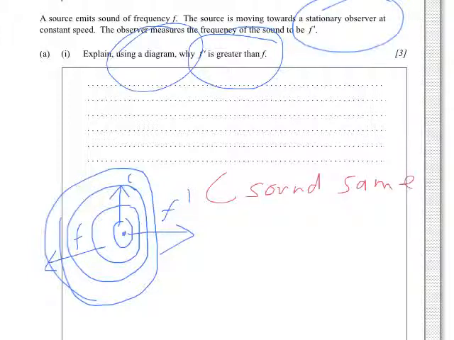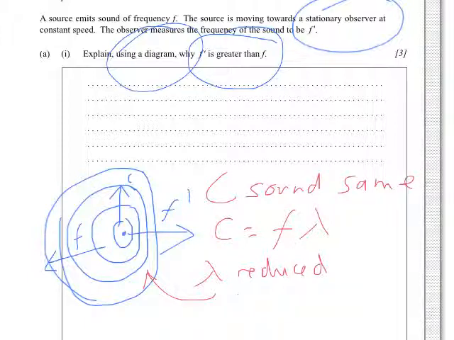And if you remember the relationship speed equals frequency times wavelength, the wavelength, due to this Doppler effect, is reduced. So if c stays the same and the wavelength goes down, frequency must increase. And that's your 3 marks.